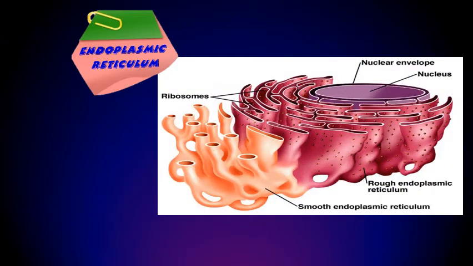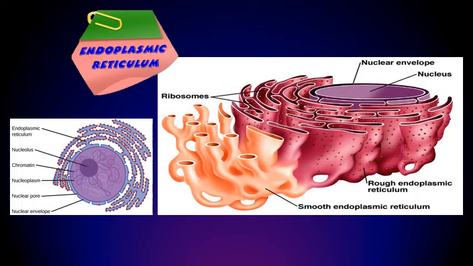The second organelle is the endoplasmic reticulum. This is a three-dimensional diagram of an endoplasmic reticulum. This is a two-dimensional diagram of an endoplasmic reticulum. Endoplasmic reticulum is the largest of the internal membrane and it continues with the outer membrane of the nucleus.